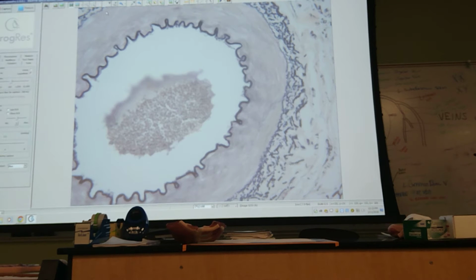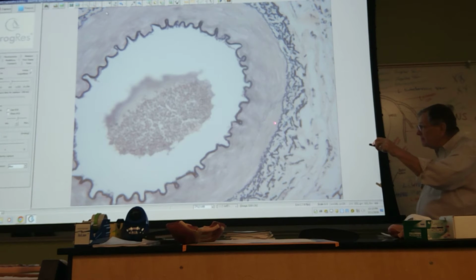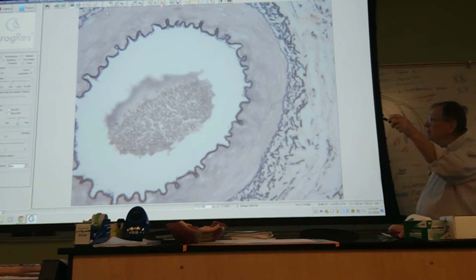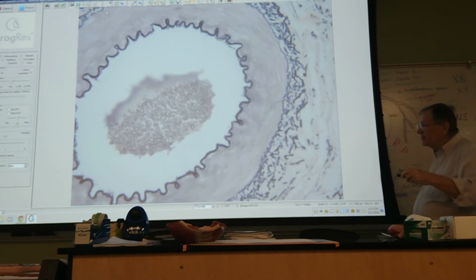So immediately outside of internal elastic membrane, so starting right here and going all the way to there, this is tunica media. It has this nice thick layer, that's smooth muscle. All this sort of tannish layer is a layer of smooth muscle.